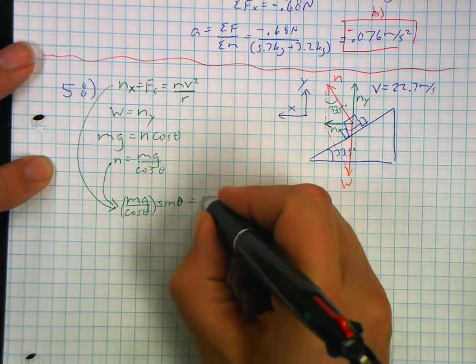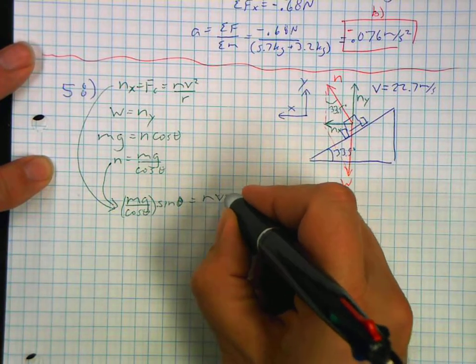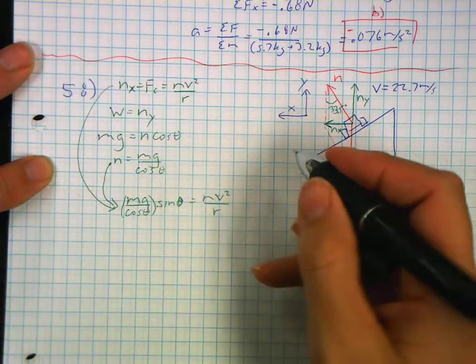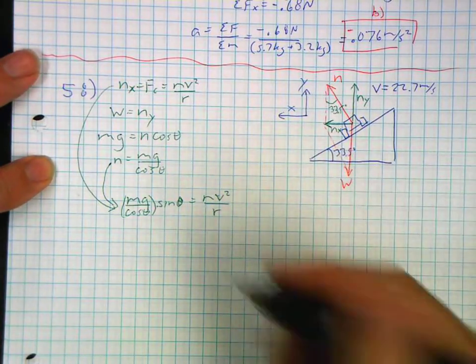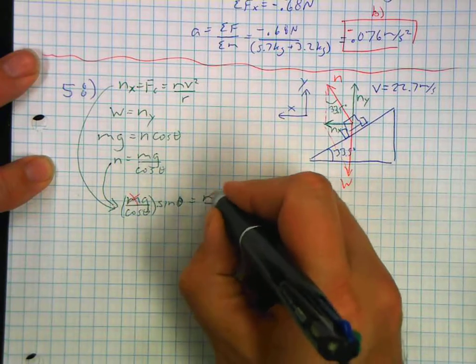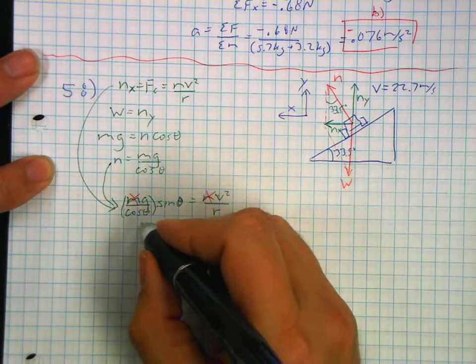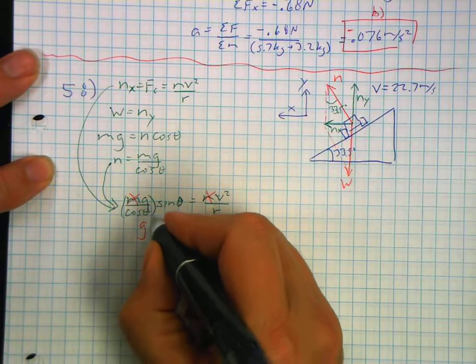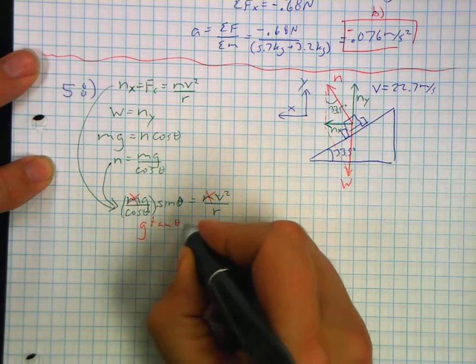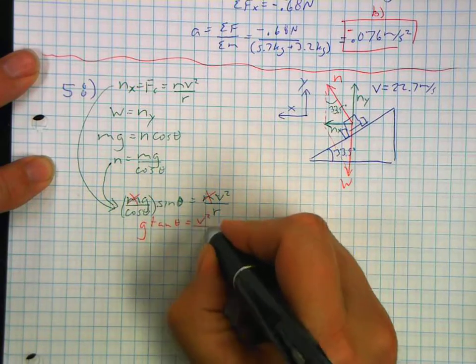And this is, of course, equal to the mass times v squared divided by r. Now, hopefully you can see a few things. One is that the mass cancels out on both sides, and that we have sine over cosine. So we've got g tangent theta is equal to v squared over r.